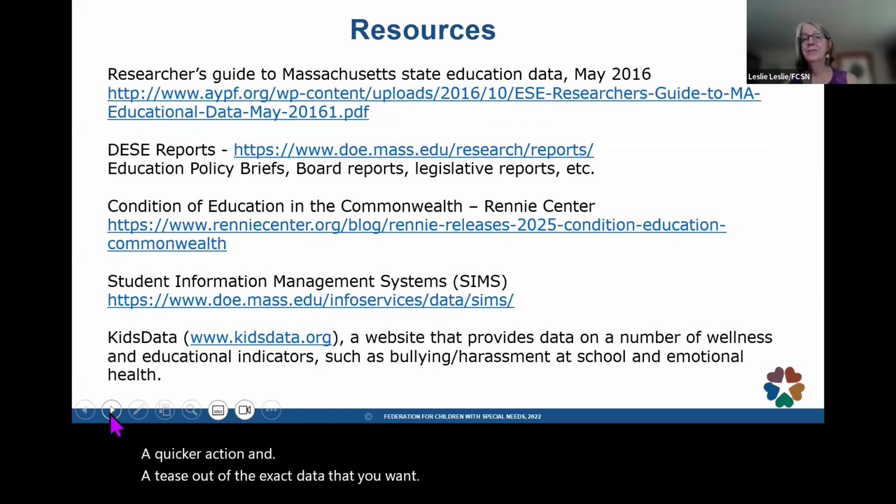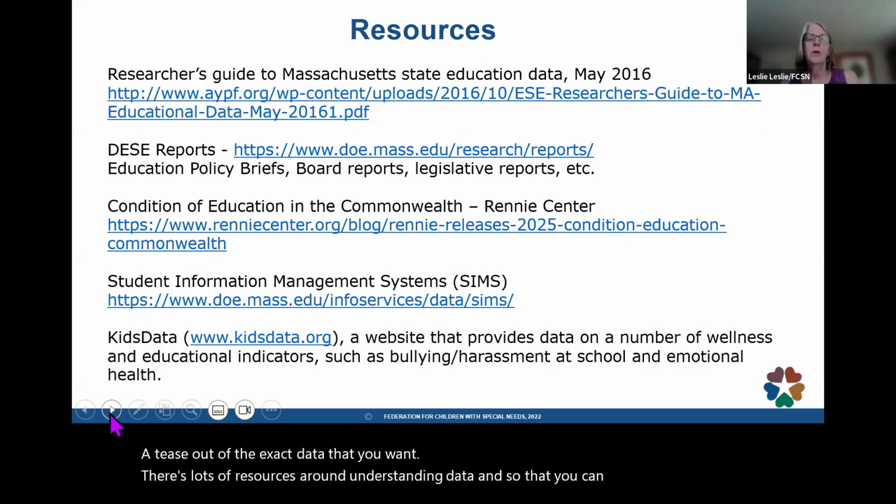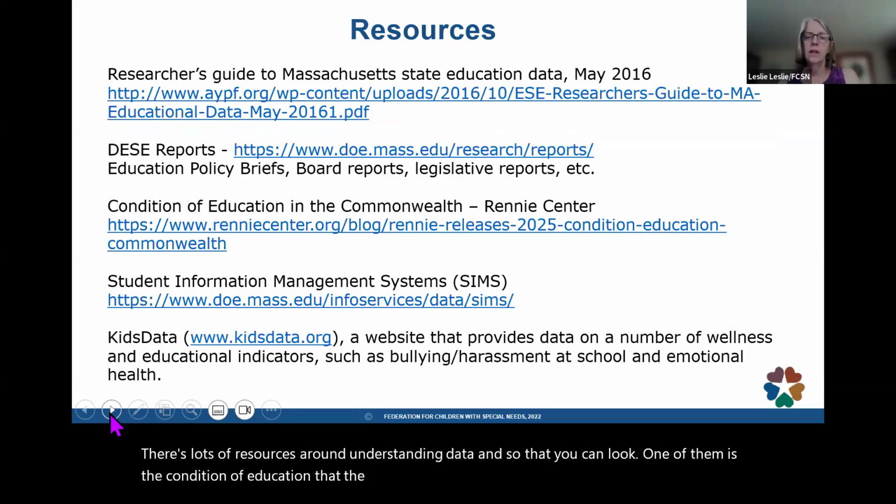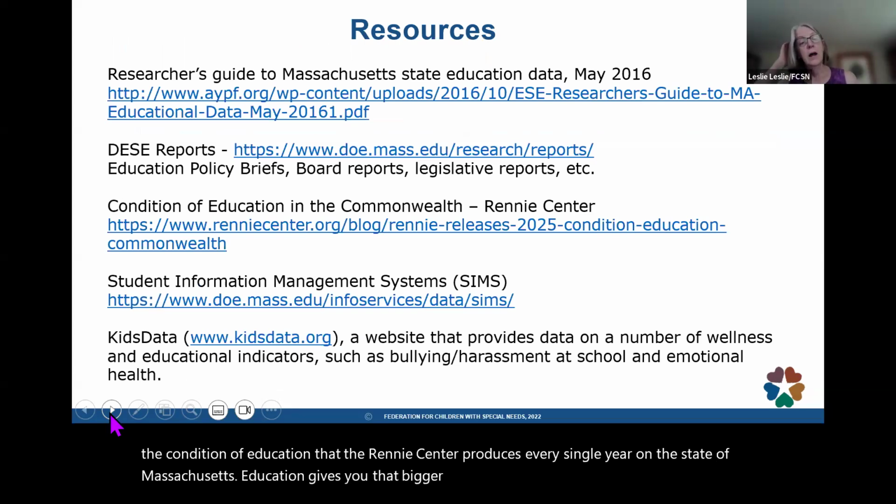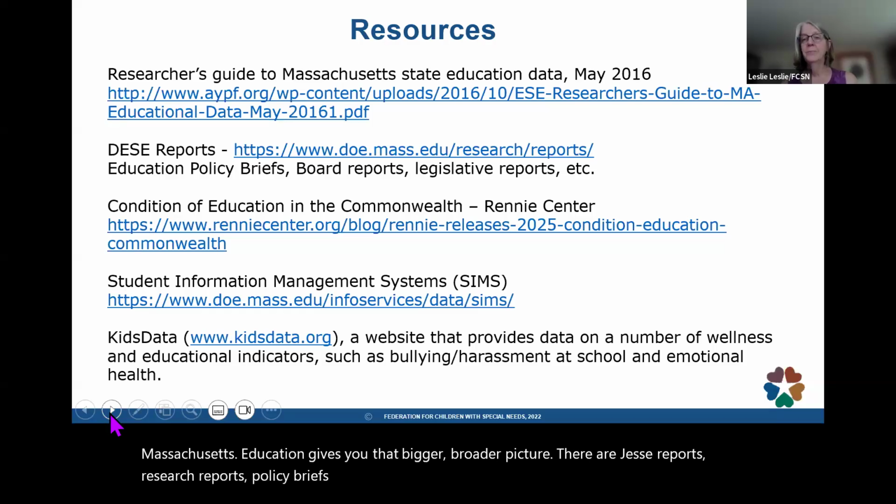There are lots of resources around understanding data. One of them is the Condition of Education that the Rennie Center produces every single year on the state of education in Massachusetts. It gives you that bigger, broader picture. There are DESE reports, research reports, policy briefs, board reports, legislative reports.